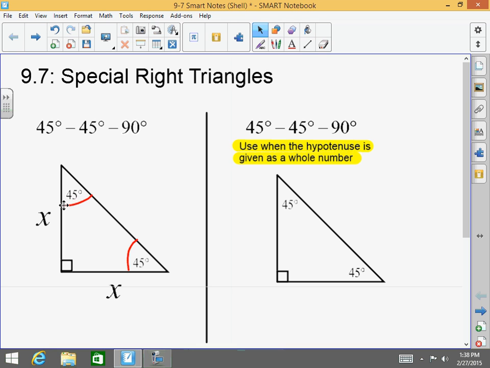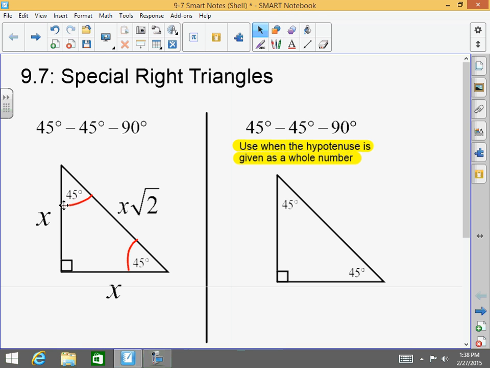There's no ifs, ands, or buts about it. When you have a 45, 45, 90 triangle, both sides are equal, hence we call them both x. And then the hypotenuse will always be that x value, that side value, times the square root of 2. Always. I'm going to show you how this works in a second.